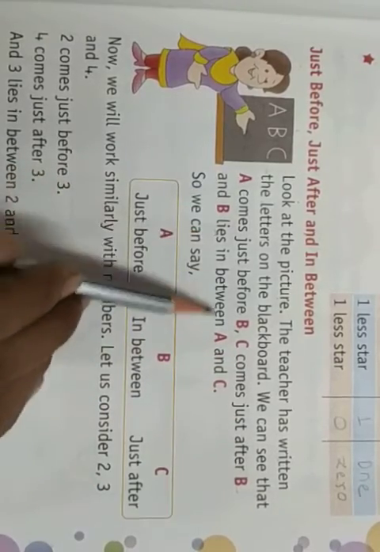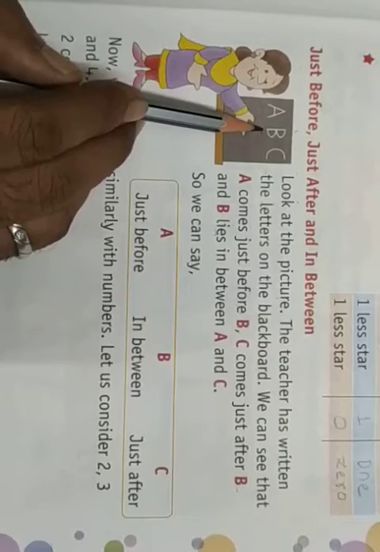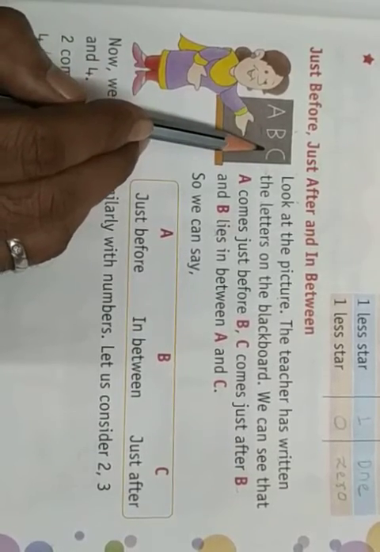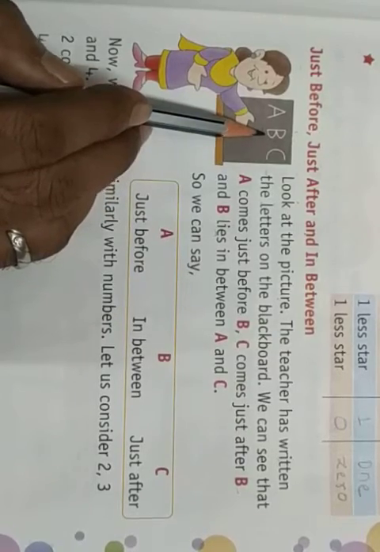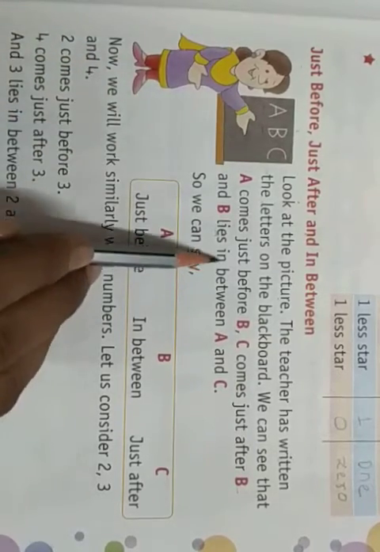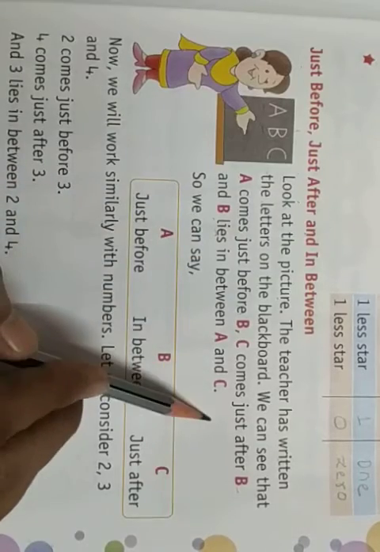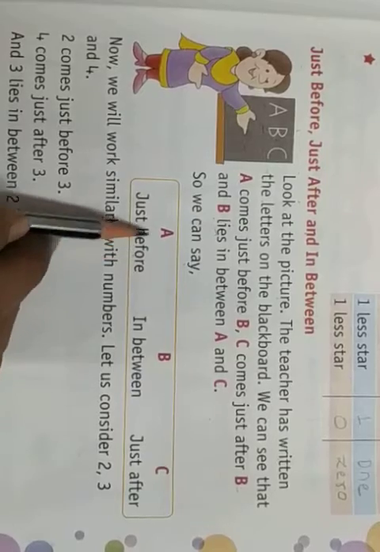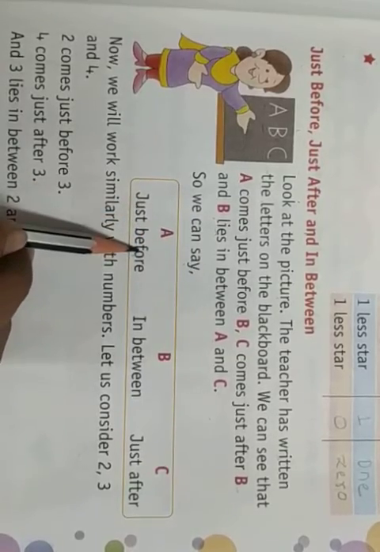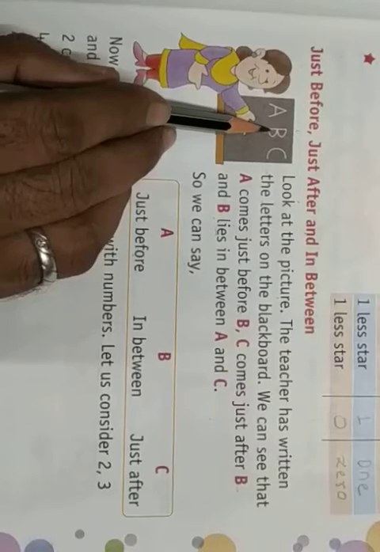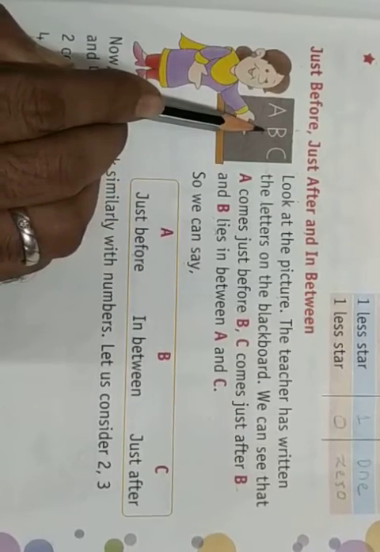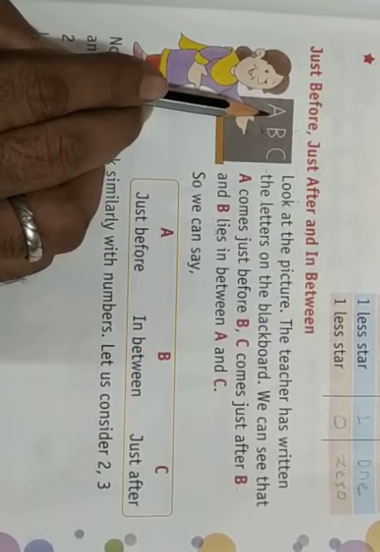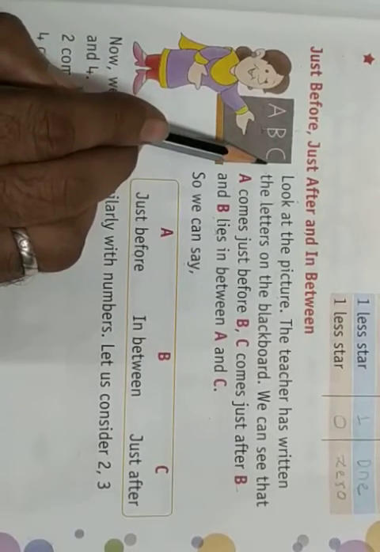And B lies in between. B is between A and C. B lies in between A and C. So we can say A is just before, B is in between, and C is just after.